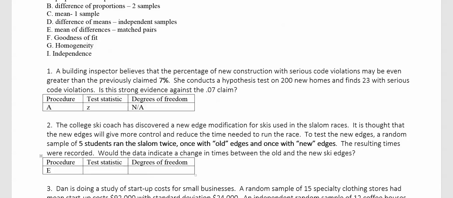And in this case, I don't have that. We're just told to compare these two sets of times. So this is a t-score, and degrees of freedom would be sample size minus 1. So since there's 5 students, then sample size minus 1 would be 4 degrees of freedom.